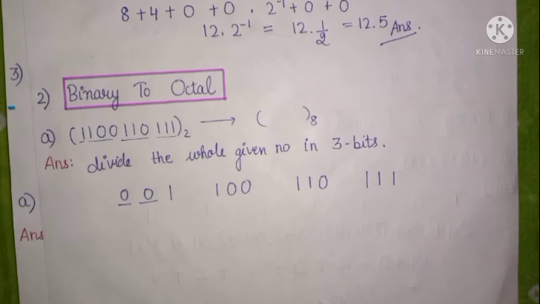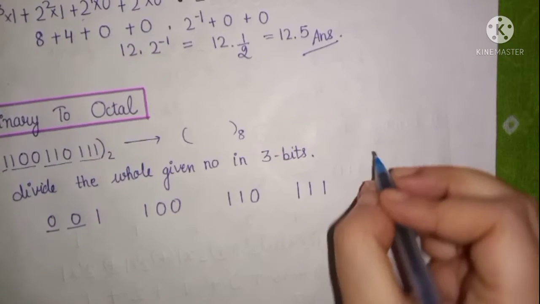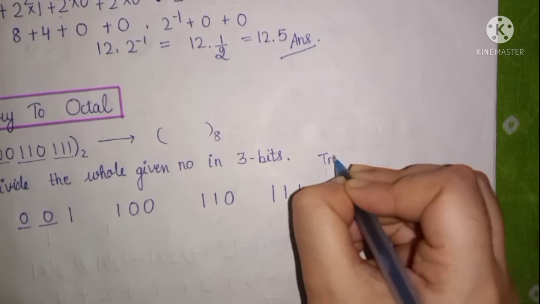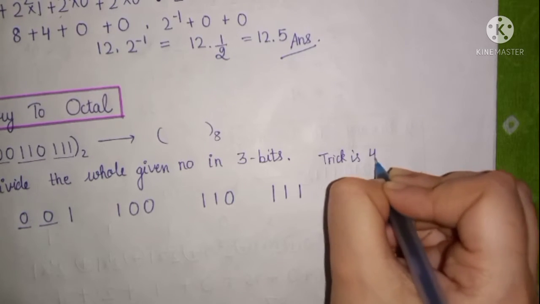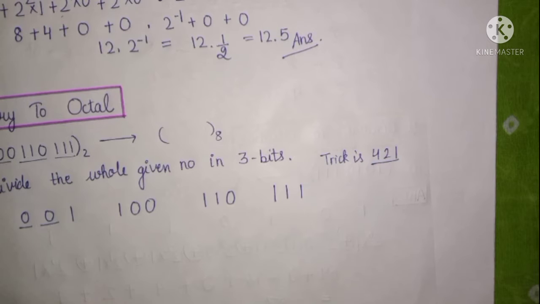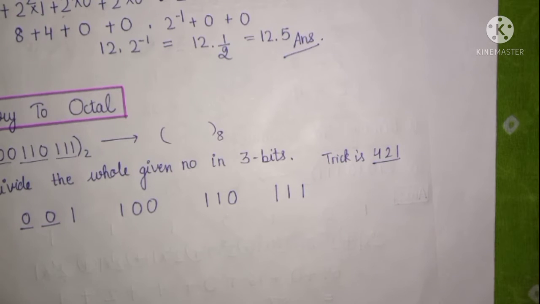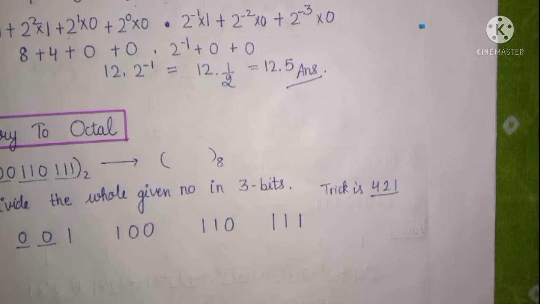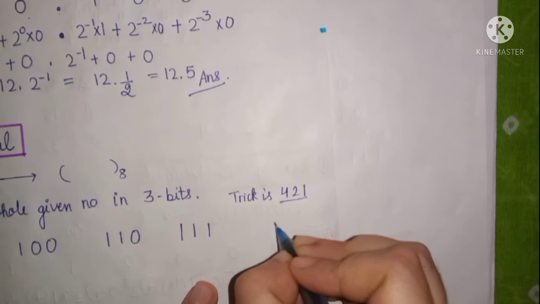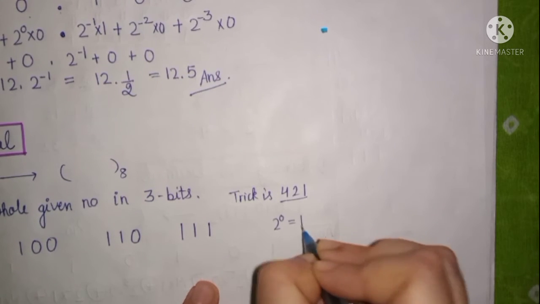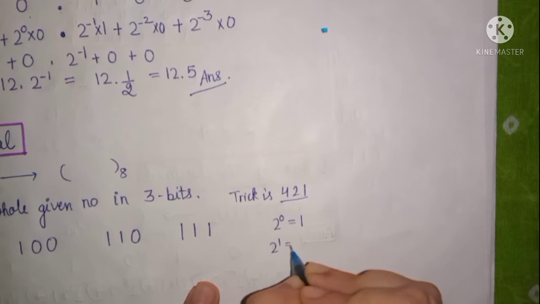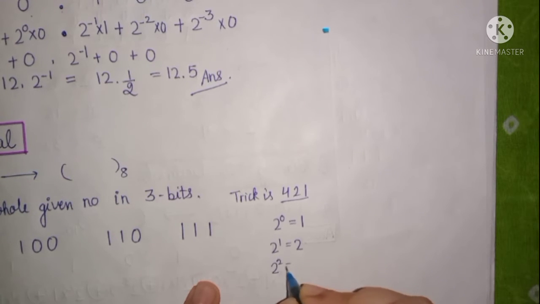Now you have to remember a trick called 4 2 1, right? So what is 4 2 1? It comes from here: you already understood that 2 raised to the power 0 equals 1, 2 raised to the power 1 equals 2, and 2 raised to the power 2 equals 4.